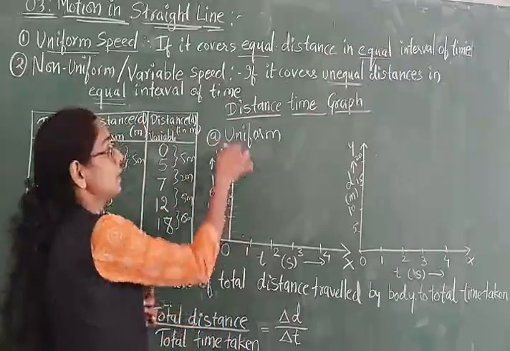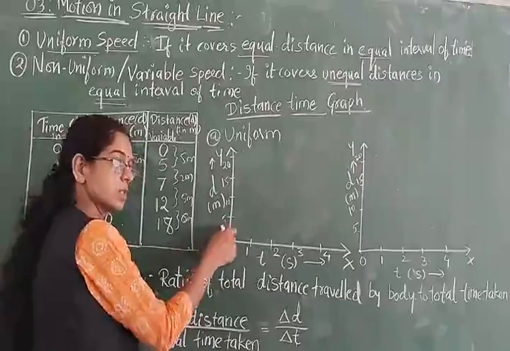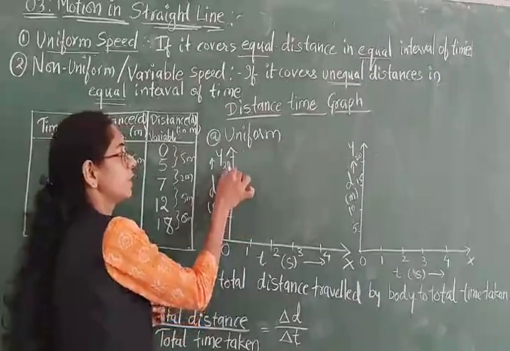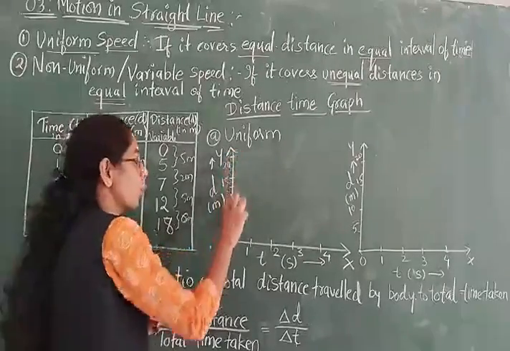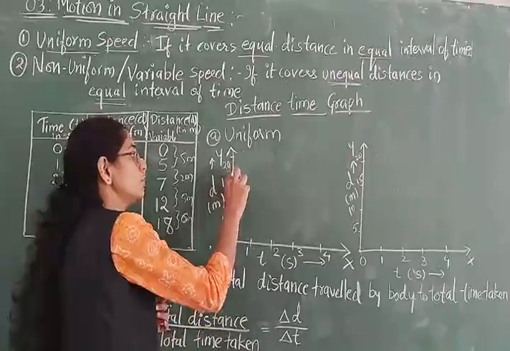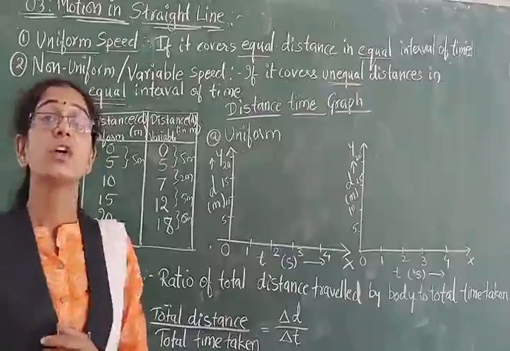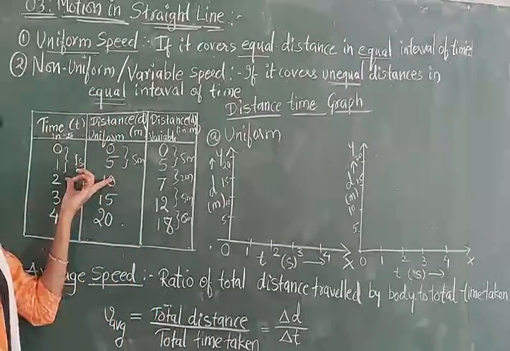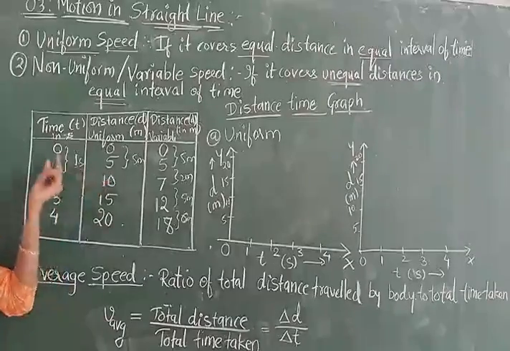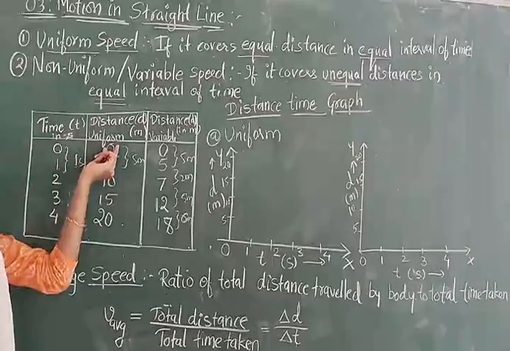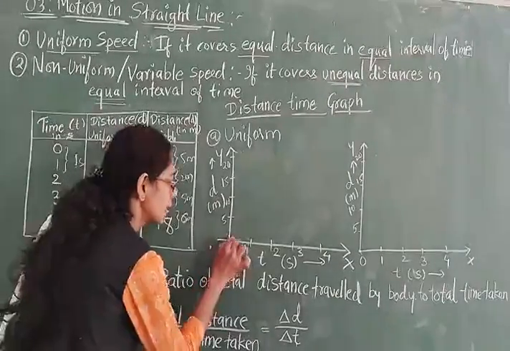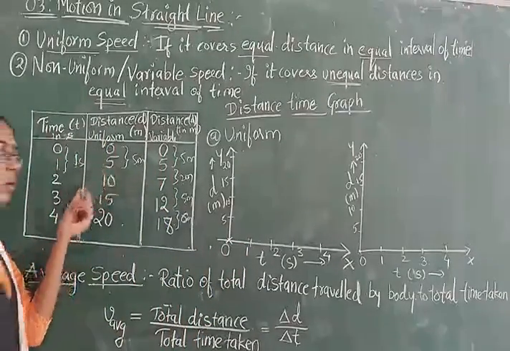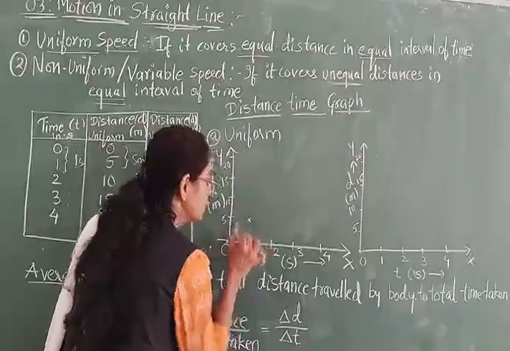Whereas the distance is written as 5, 10, 15, 20. So for 1 centimeter, the magnitude of the distance I have taken is how much? 5 meter. When I plot the graph for uniform speed, for 0 the distance covered is 0, so the first point I get over here. Then for the next 1 second, it will cover a distance of 5 meter.